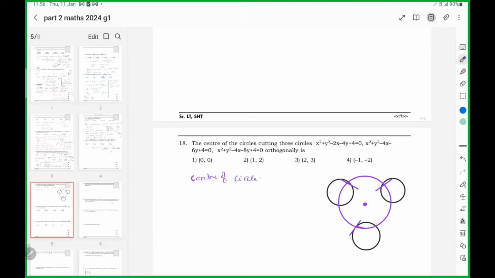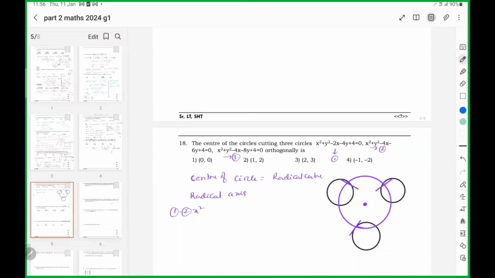Such a circle is the radical center, which is obtained by, how do we get the radical axis? Subtracting, say that is 1, 2, third equation.